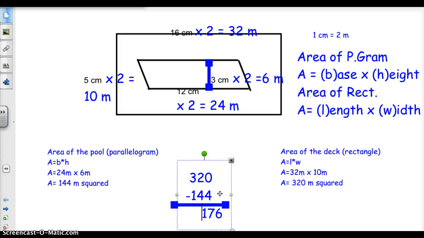So 176 is my final answer. So 176 meters squared is the deck space. The area of the pool is 144 meters squared.